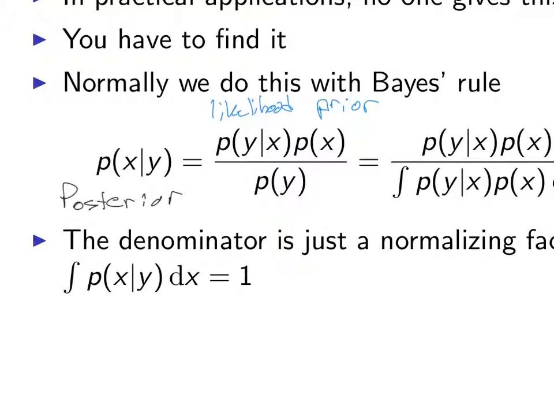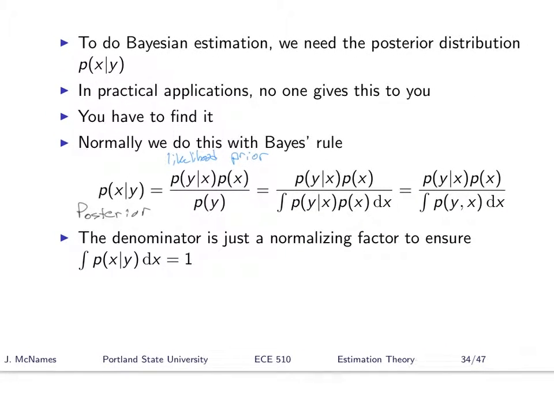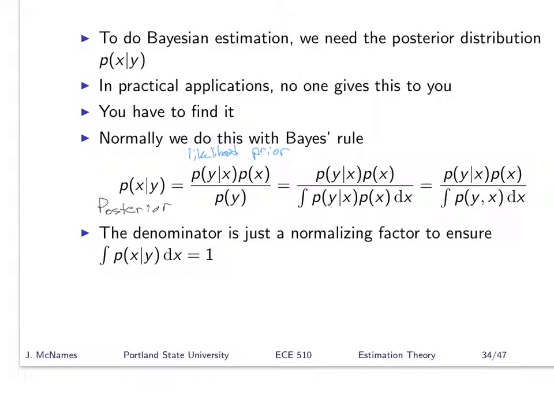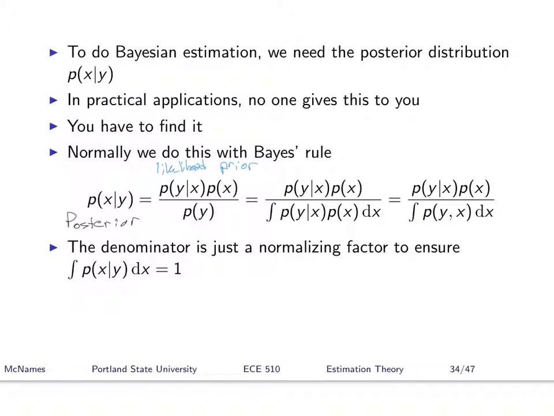It doesn't really matter or help us much. Another way of thinking about that term is that it's just a factor that helps us ensure that when you integrate this probability, it integrates to 1 the way that it should. So you can think of it as a normalizing factor just to ensure that this is a proper probability. But for our purposes, it's going to turn out that we often don't care.